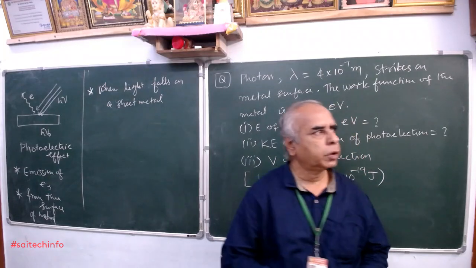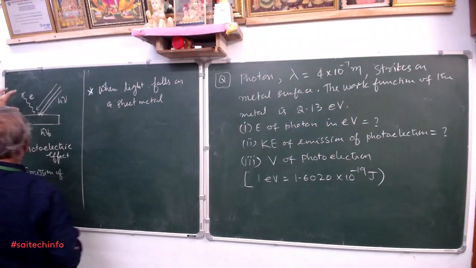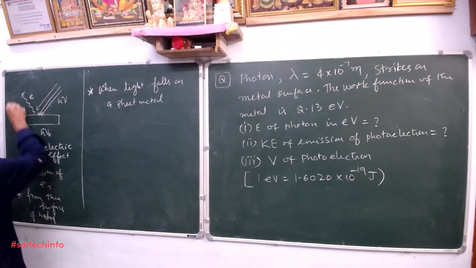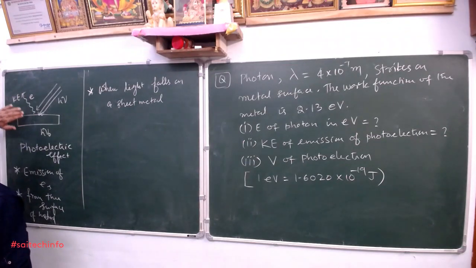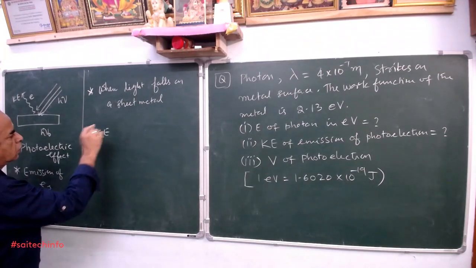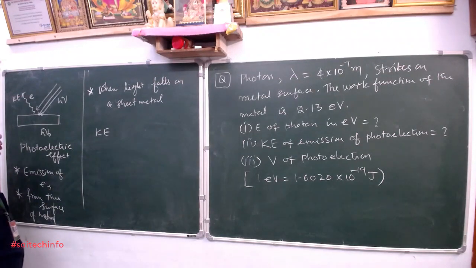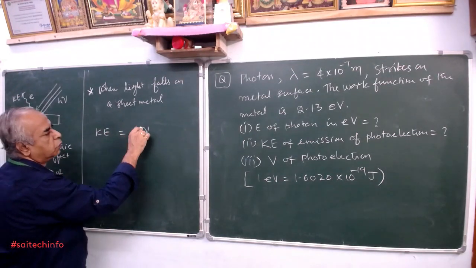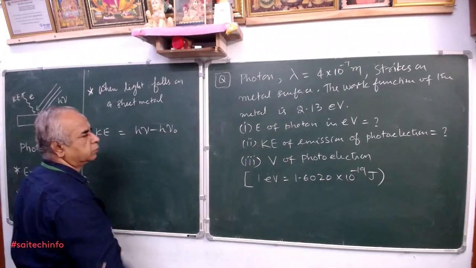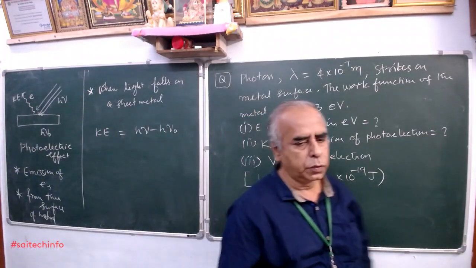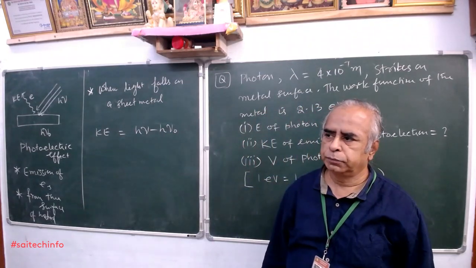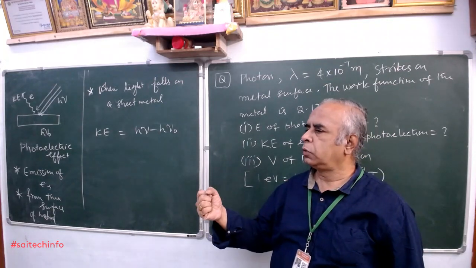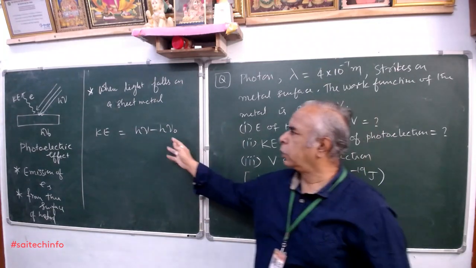The kinetic energy with which the electrons are emitted from the surface of the sheet metal is equal to h nu minus h nu naught. This h nu naught is called the work function. That is the energy required to kick out the electron, and that is compensated here.